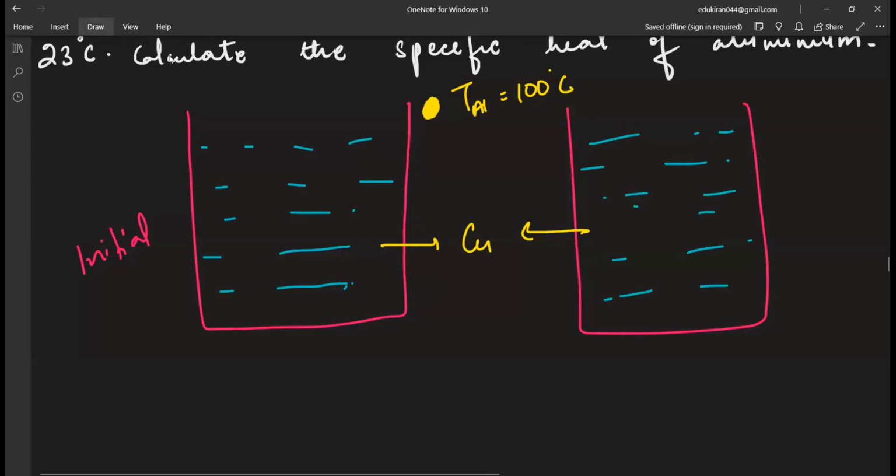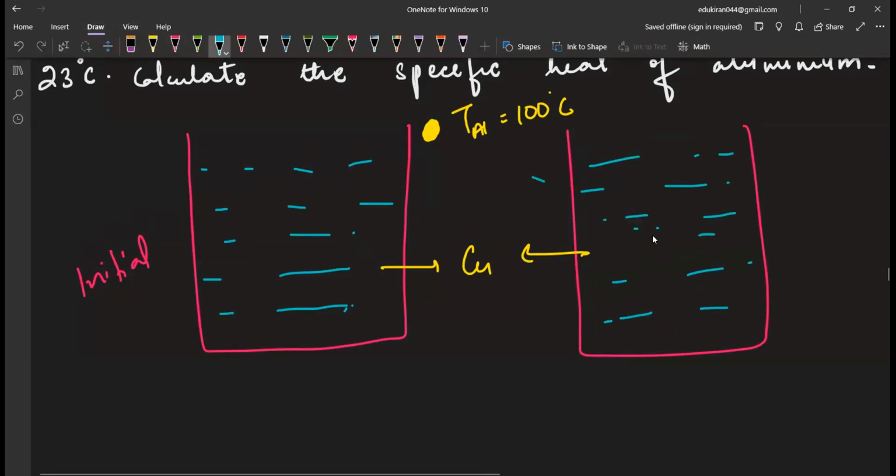Within this water, this aluminium has been inserted. And this is the final situation. This is what the question is saying.